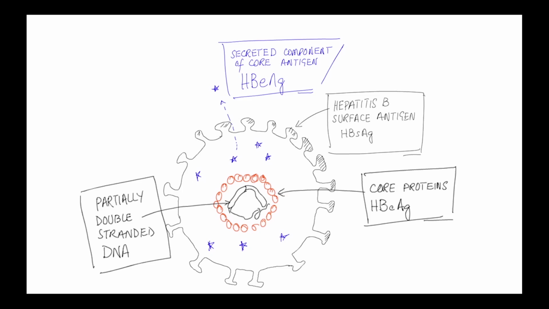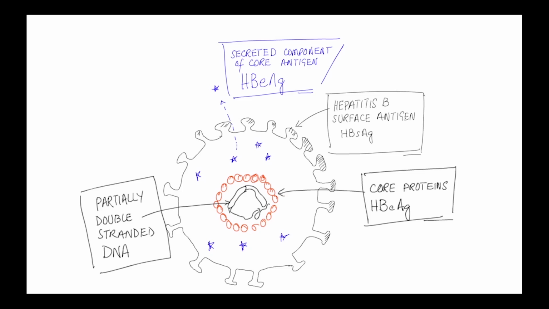Now there is one more interesting thing, and that is when the virus is sitting in the hepatocyte and it is actively replicating, it can actually secrete the core antigens. The cell, the hepatocyte, can secrete the core antigens. That secreted component of the core antigen of the virus is called E antigen.